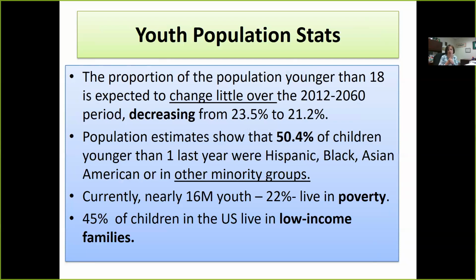And about 45% of the children in the U.S. live in low-income families. These are all things that we need to think about and reflect on when we're working with vulnerable audiences. And it really is critical that we reach those vulnerable audiences.